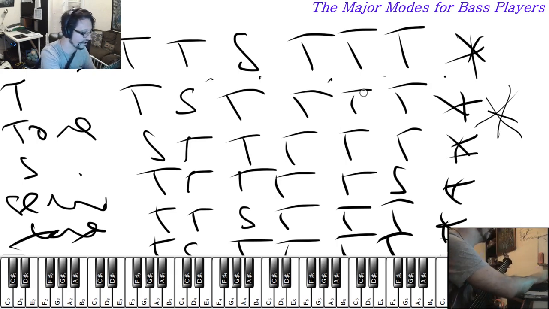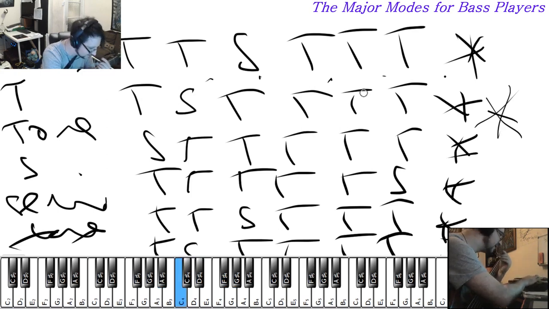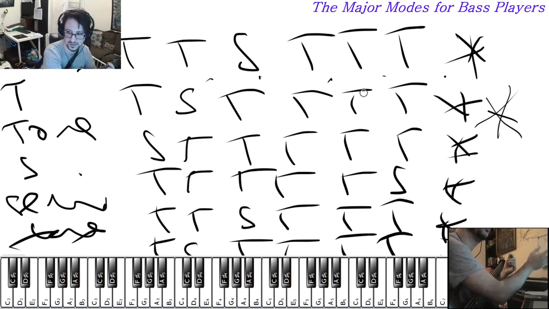So for example, G major has an F sharp, so it's the first key to the right of C on the circle of fifths. But you play up the scale, tone, tone, semitone, tone, tone, tone, and semitone to finish.